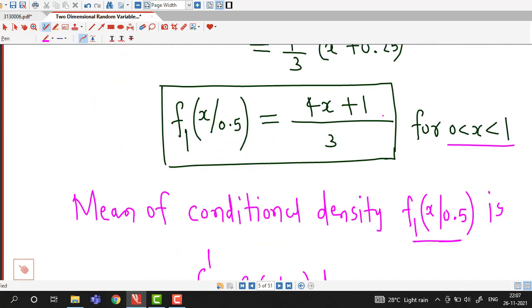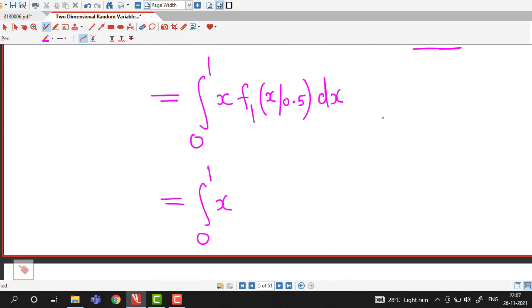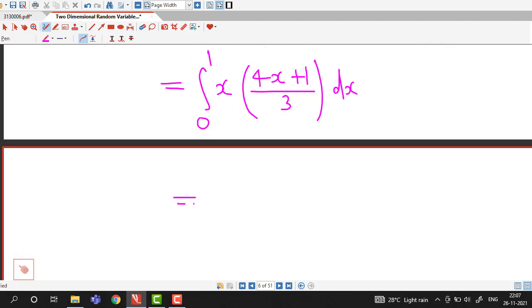Value of this density function is 4x plus 1 divided by 3. So 4x plus 1 divided by 3 integral with respect to x. So this is going to be, we can take 1 by 3 outside and we multiply 4x plus 1 by x. So we have 4x square plus x integral with respect to x.